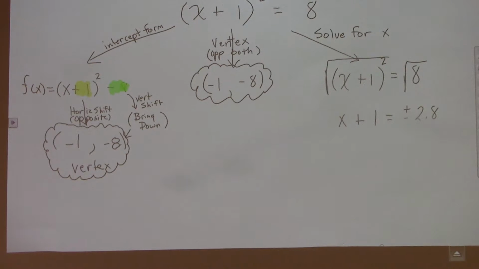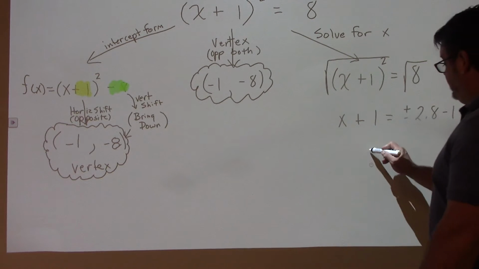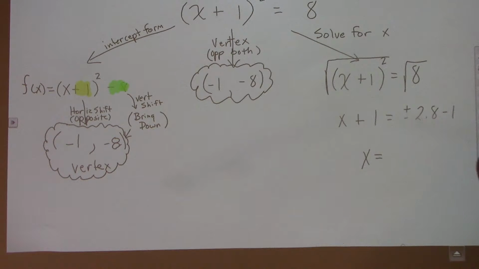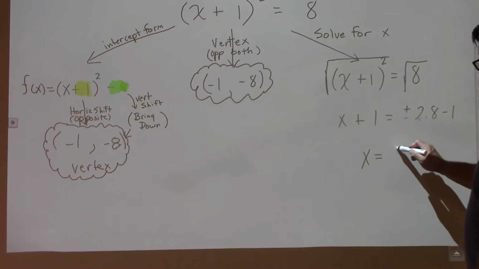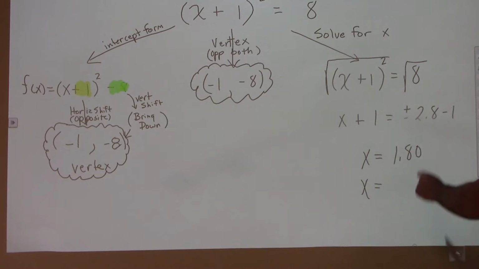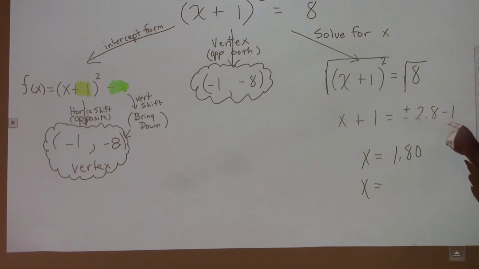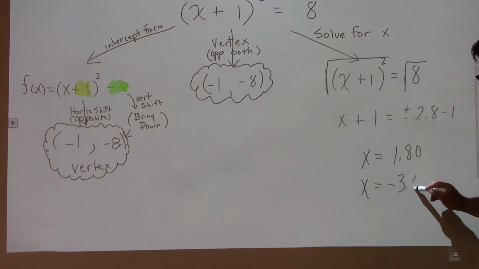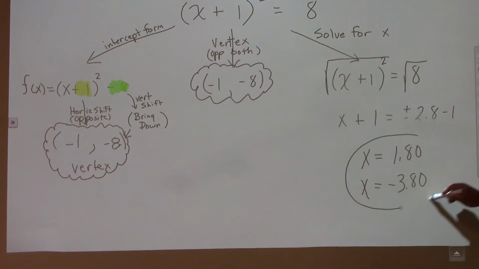And what are you going to do with that 1, that positive 1? Bring it over. So x is equal to, what's 2.80 minus 1? You owe 2.80, you owe 1. What's the outcome? Negative 3.80. And there's your two x-intercepts.